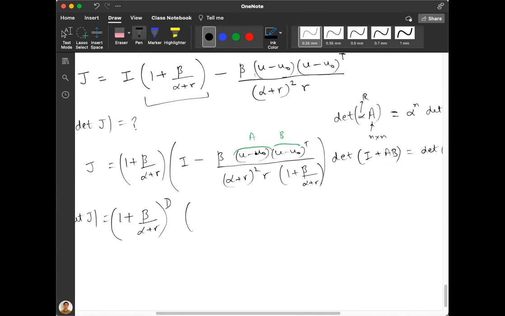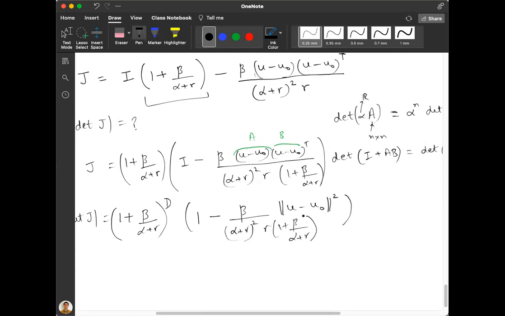When you take BA, then this is basically D cross 1, 1 cross D, then this becomes 1 cross 1, minus the scalar term beta upon alpha plus R whole square, times 1 plus beta upon alpha plus R, times mod U minus U naught squared, which is basically equal to what?